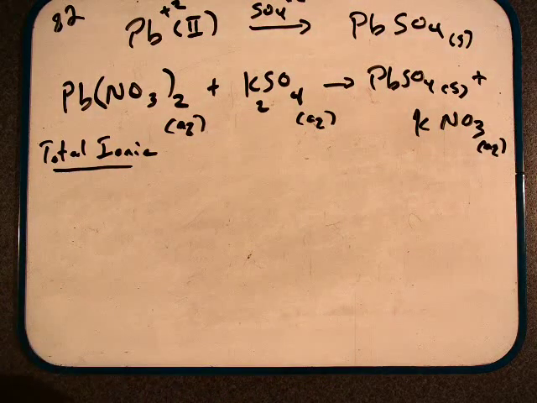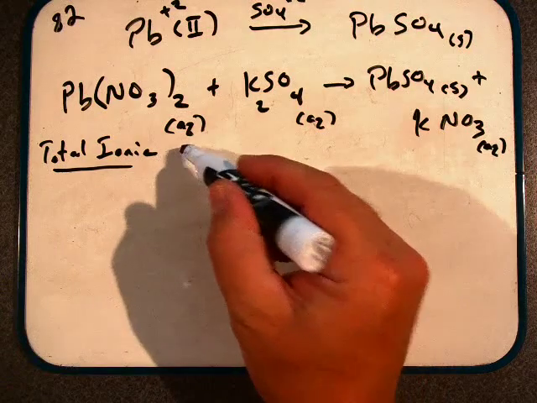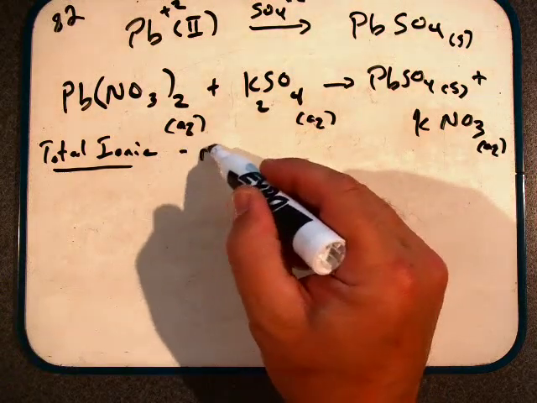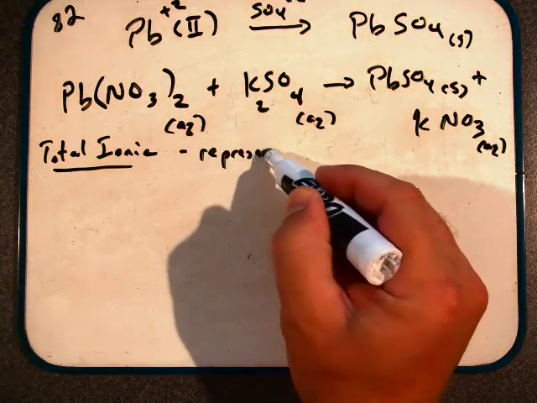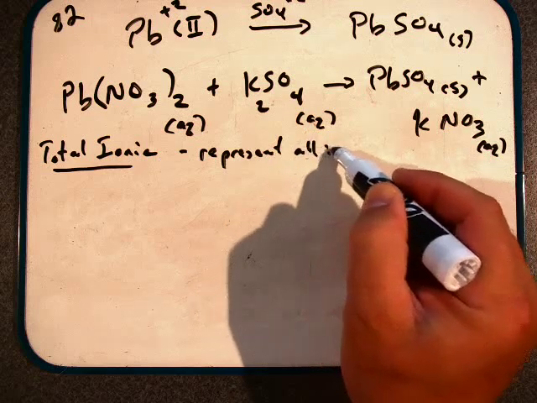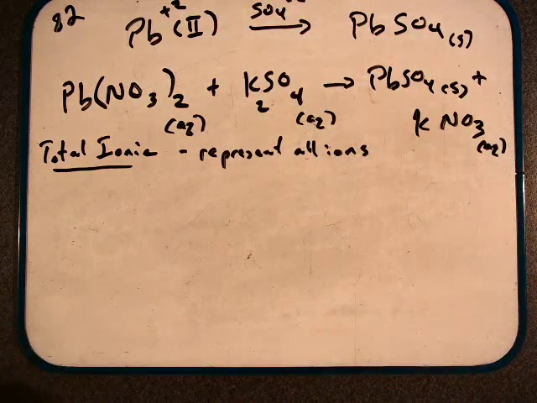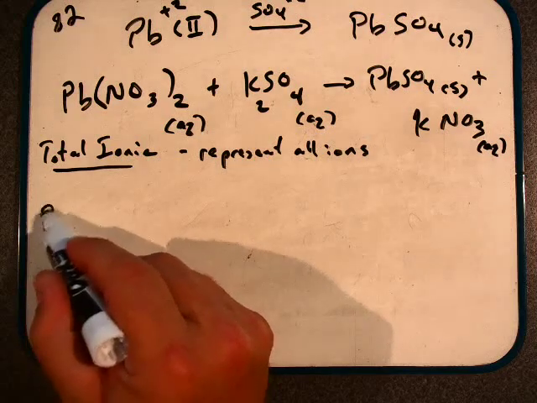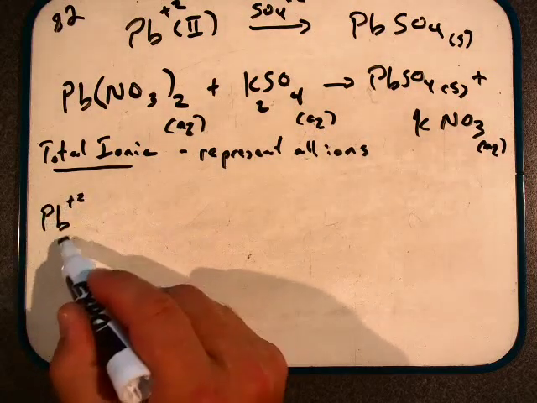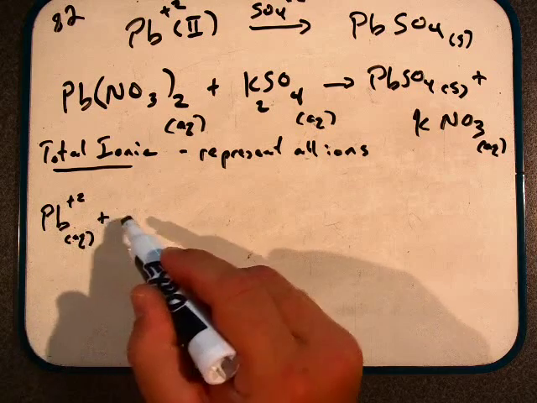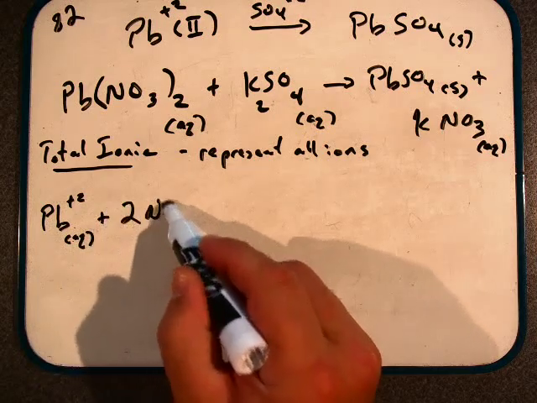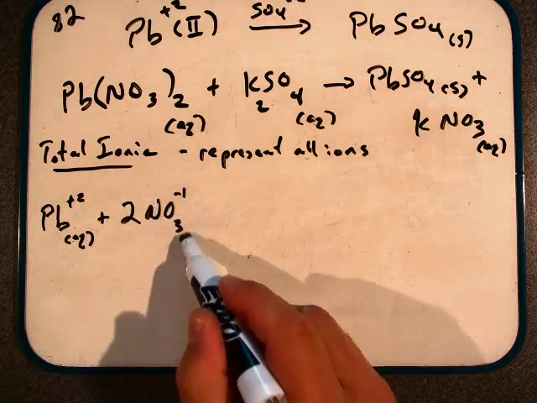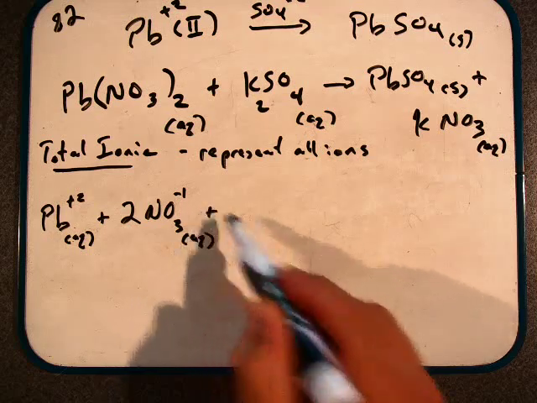So first we'll start with the total. The total ionic reaction, basically we want to represent all ions. All ions, all positive ions, all negative ions, as well as all spectator ions. And so we would have lead +2, that's aqueous, and we would have 2 nitrates -1 that are both aqueous.